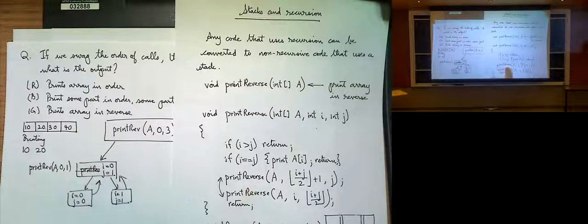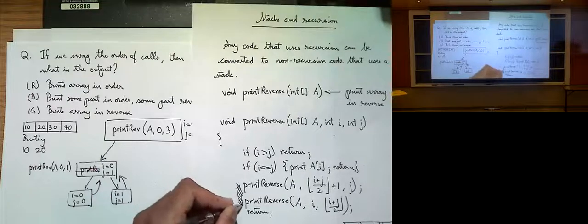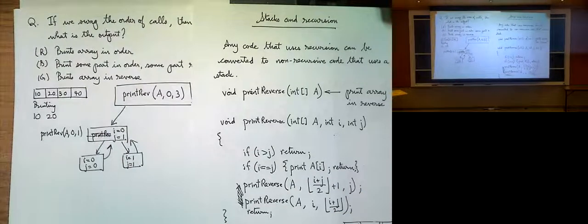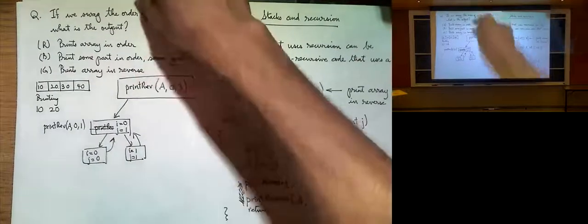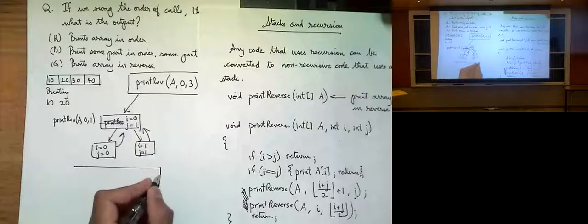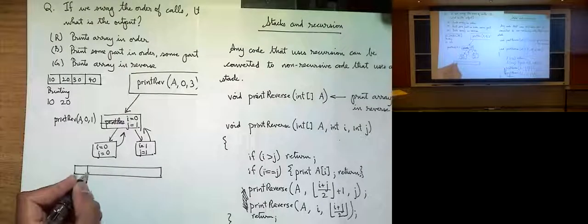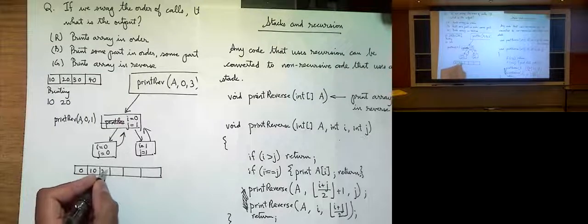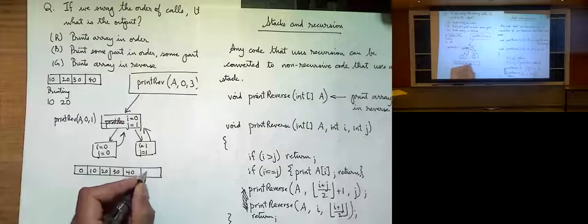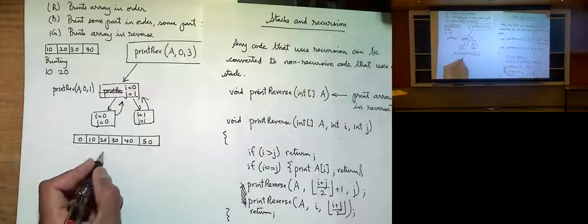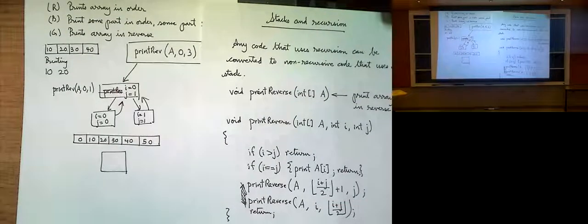Okay, all right. But let's go ahead and look at the original code. Let me give maybe a slightly larger example. 1, 2, 3, 4, 5, 6, 0, 10, 20, 30, 40, 50. This is the array. I'm looking at my original code now. I'm just drawing out what you get.